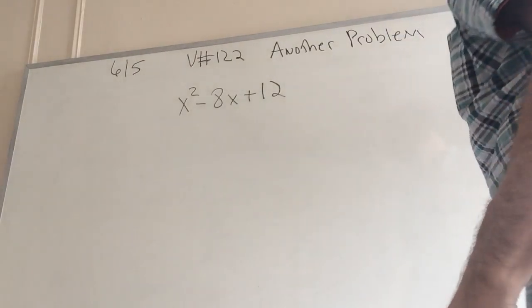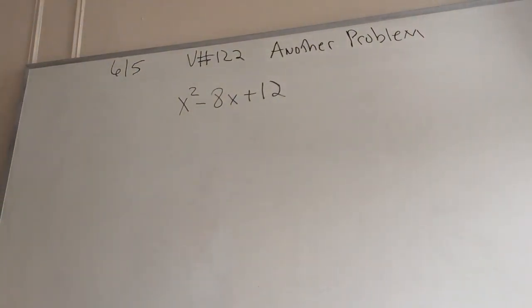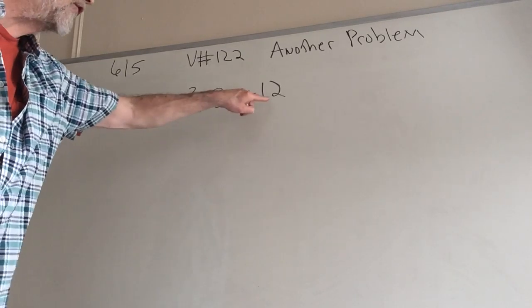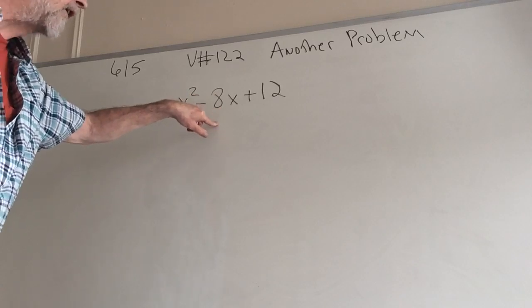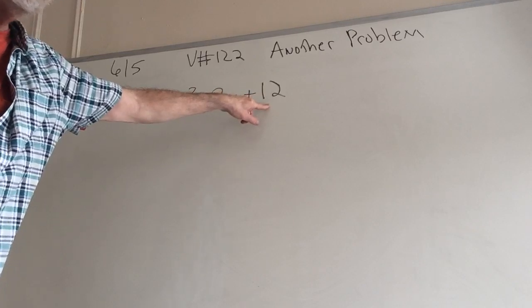So the first example I'll erase, and then this next example, we'll take a look at what we have to do. So 12 is positive, and the 8 is negative. I have to break this up with numbers so that the product of these, multiplying these two, equals 12.